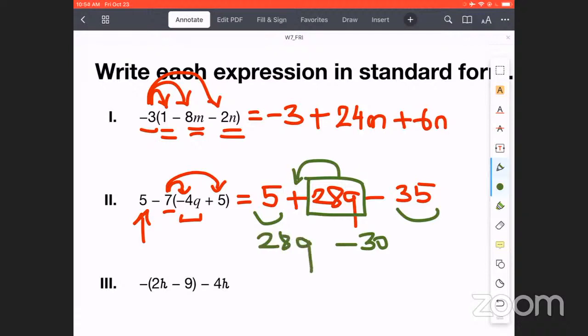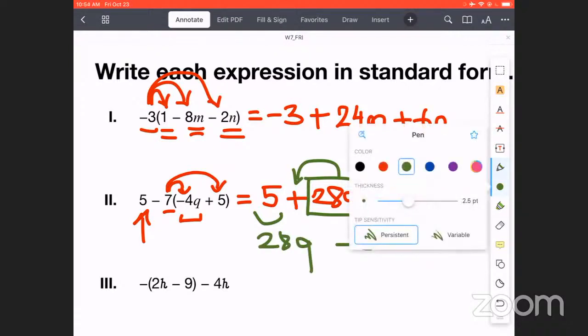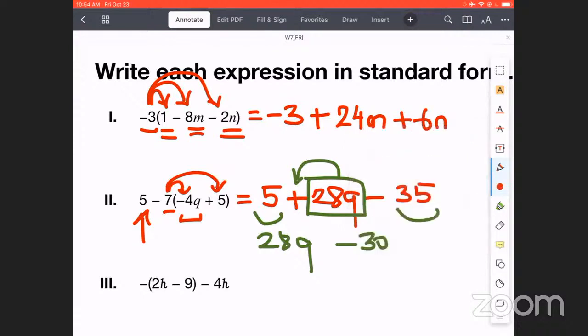And the next example is also another kind of example. As you see this time, there is a negative sign in front of the parentheses, but that negative sign doesn't affect the negative sign in front of 4h. It's because the negative sign in front of the parentheses only affects what's inside the parentheses, okay? So let's do this.